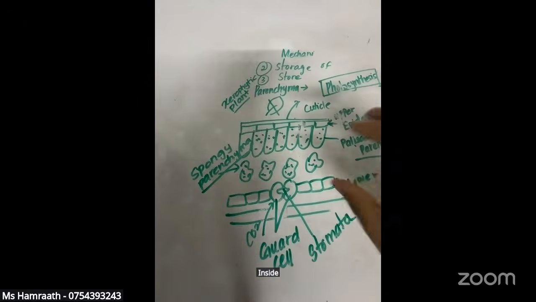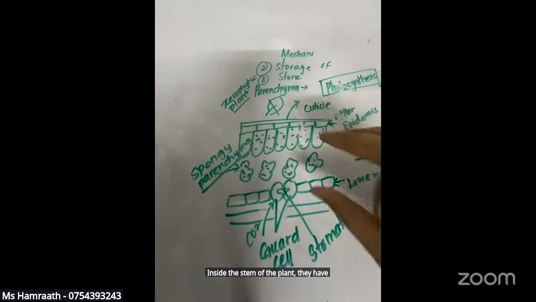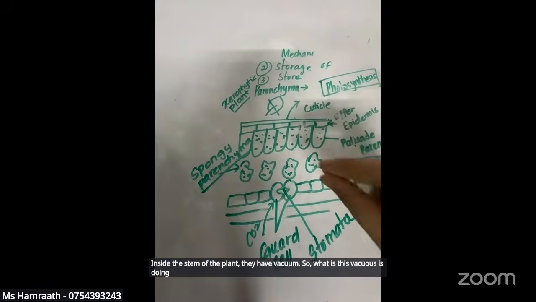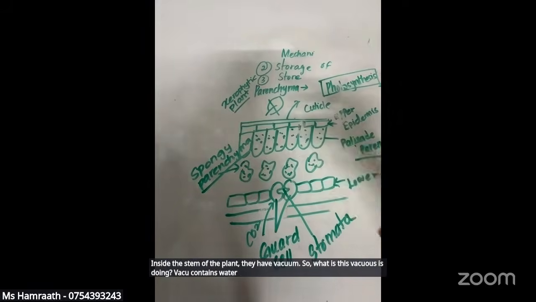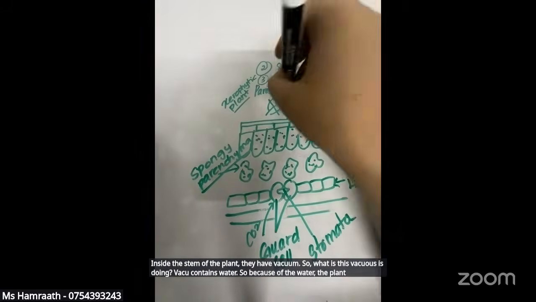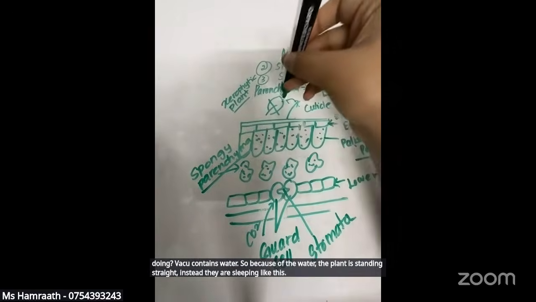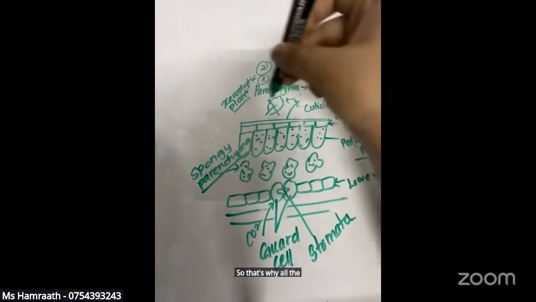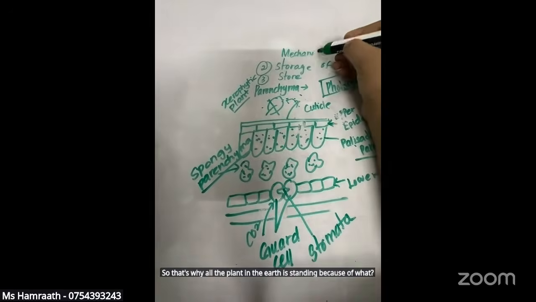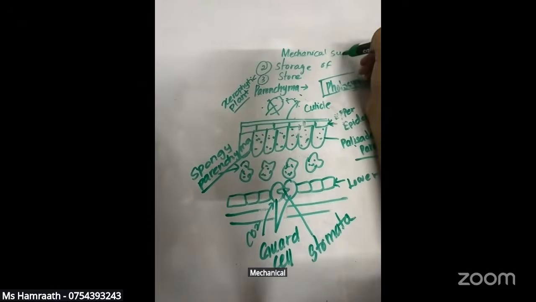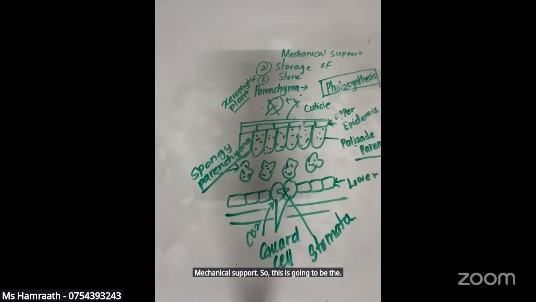Inside the stem of the plant, they have vacuoles. Vacuole contains water, so because of the water, the plant is standing straight. Otherwise, they would be sleeping like this. So that's why all the plants on earth are standing because of what? Mechanical support. So this is going to be the fourth function of the parenchyma.